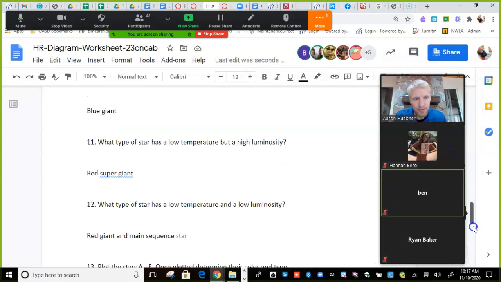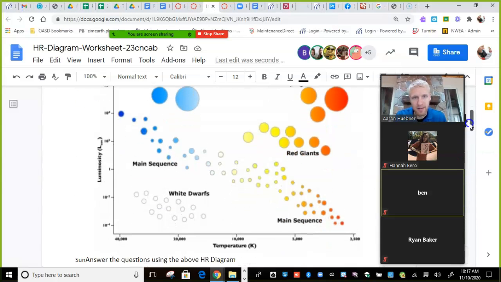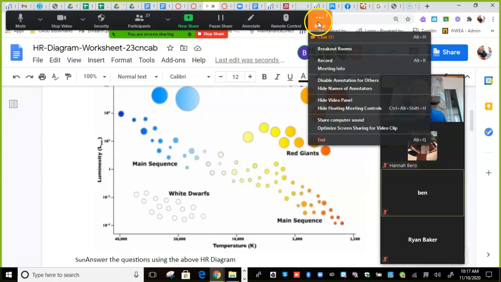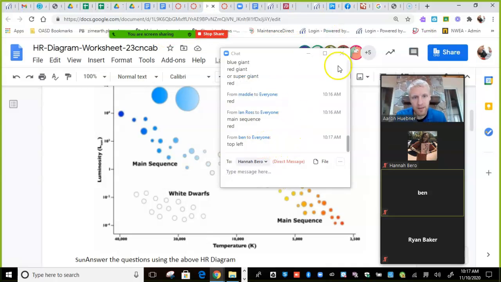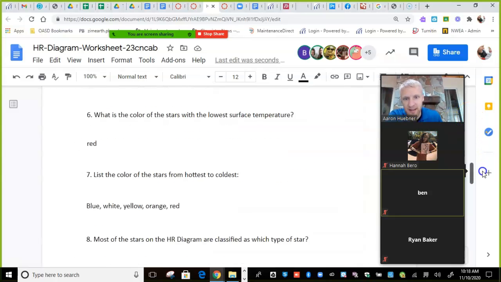All right, so 20,000 Kelvin, 10 to the 6. Top left, 10 to the 6, 20,000. Yeah, we're talking about blue supergiant.